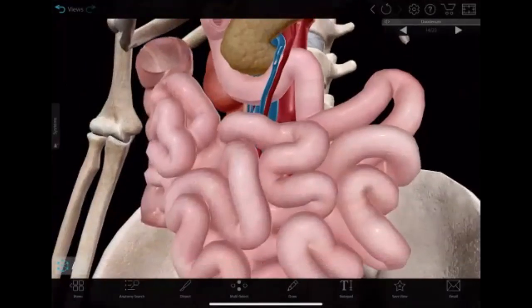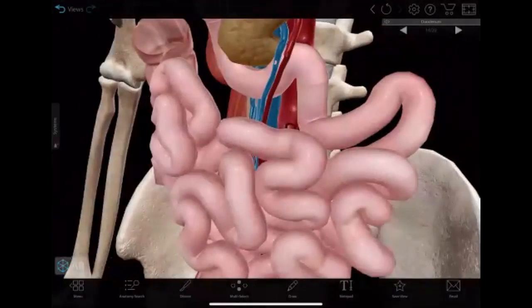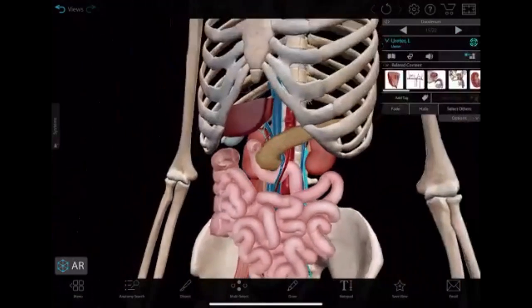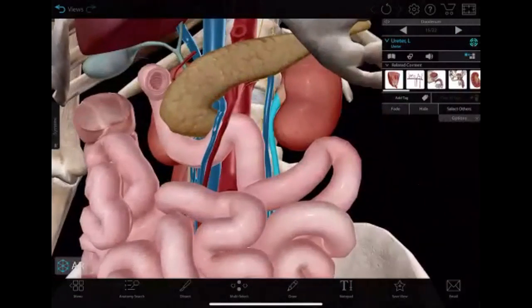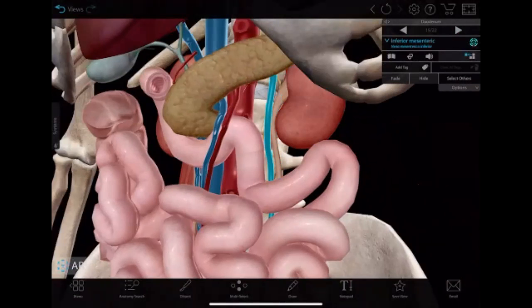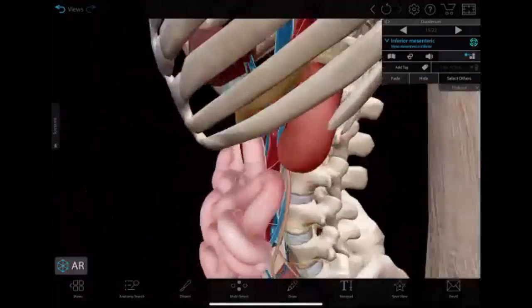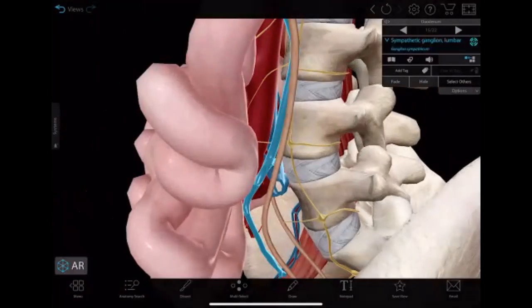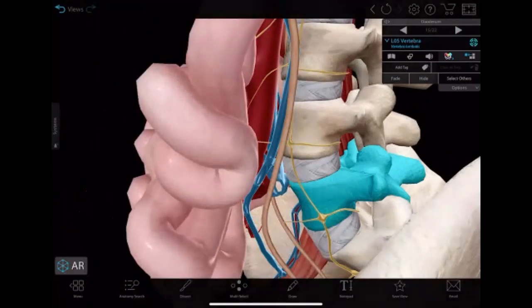And you can see this is the left sympathetic chain, right? Left sympathetic chain, that is. Right.